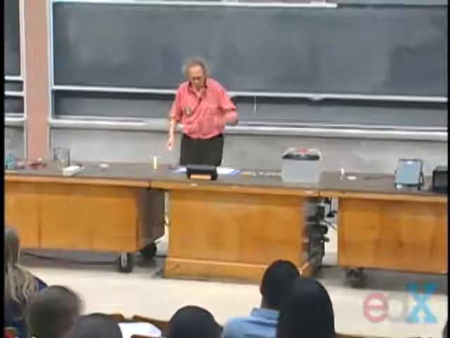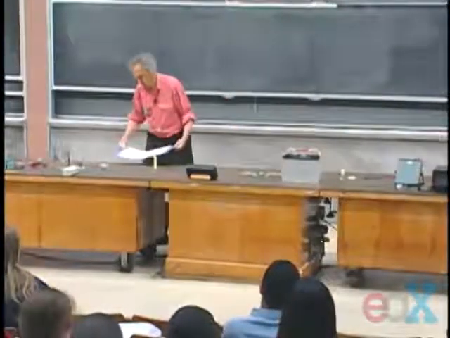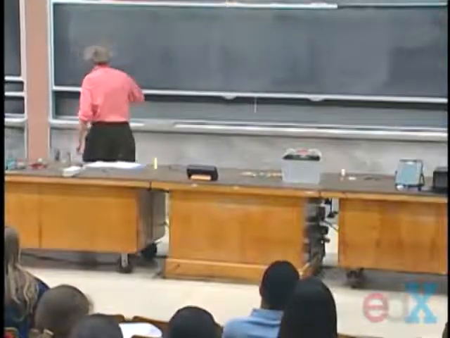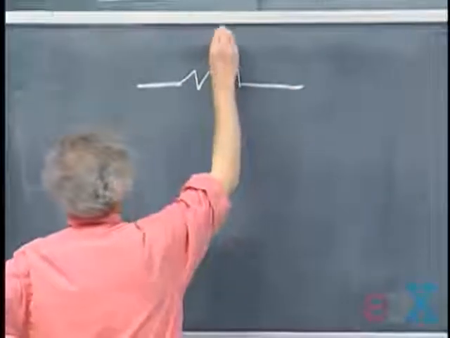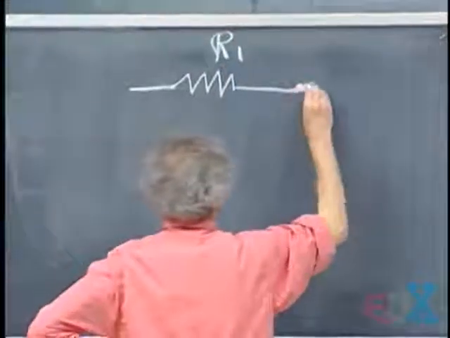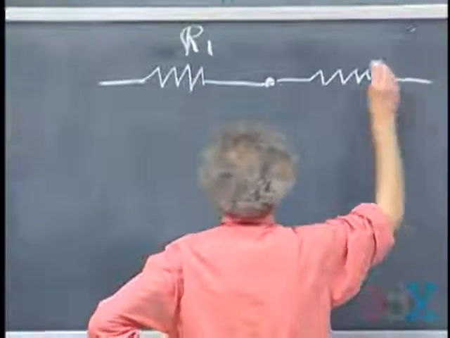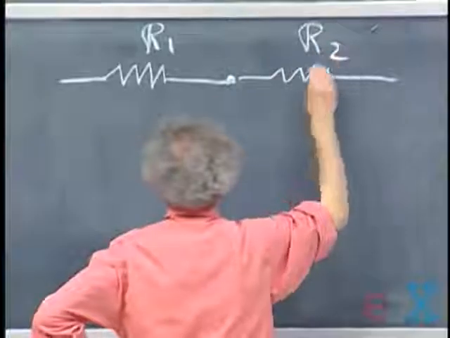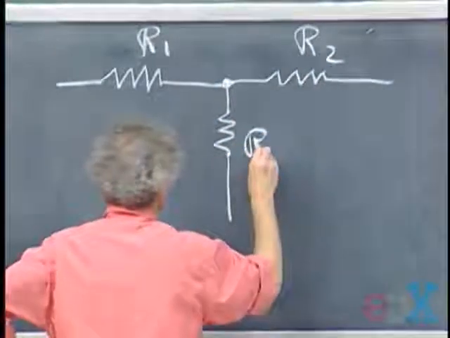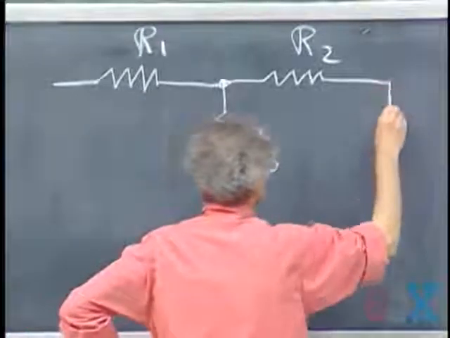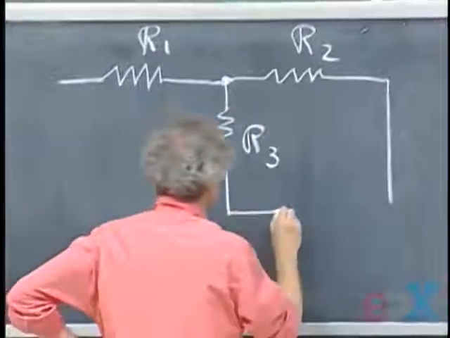So now we start out with a very modest circuit. Here we have a resistance R1. Here we have a resistor R2. And here R3. And then we put a battery in here.